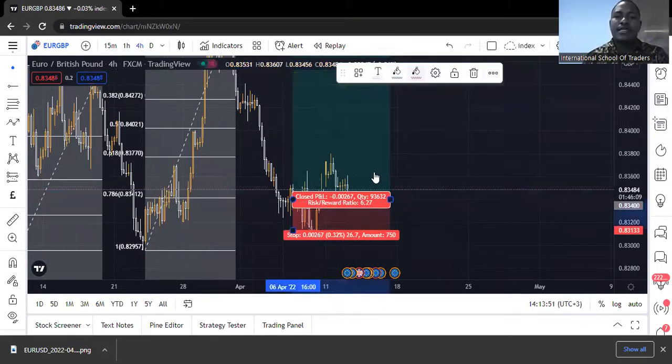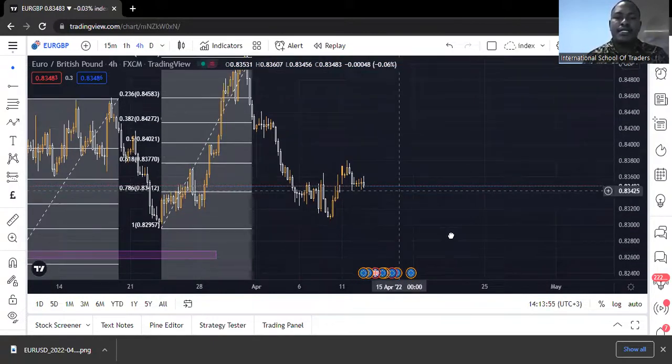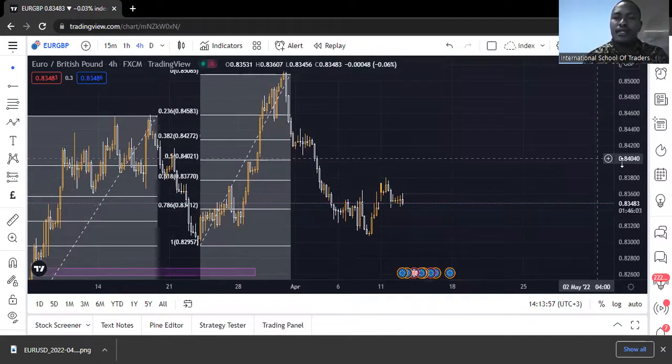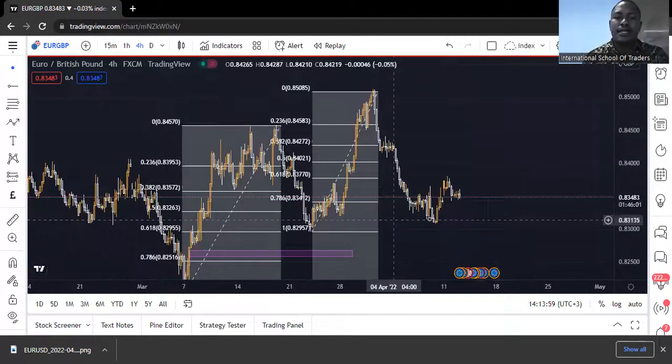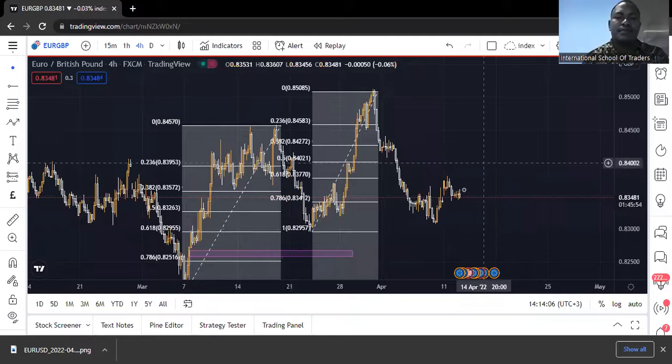But no worries. Losses are part of the game. Let's see. So this low is still higher than the previous one, guys. So for me, this is still a bullish market.